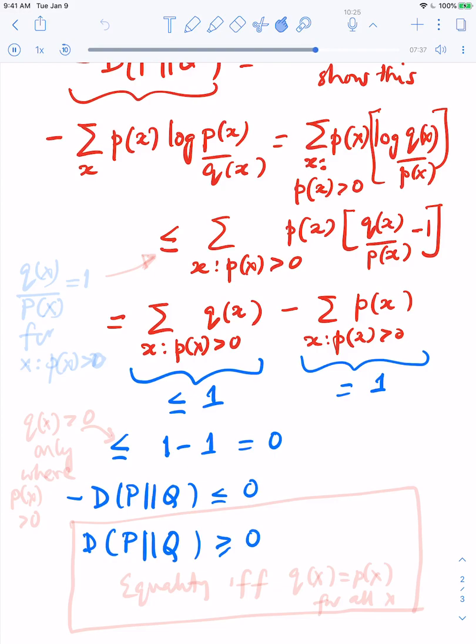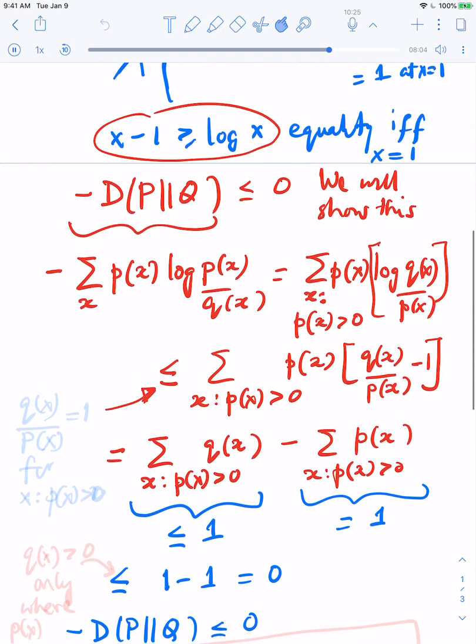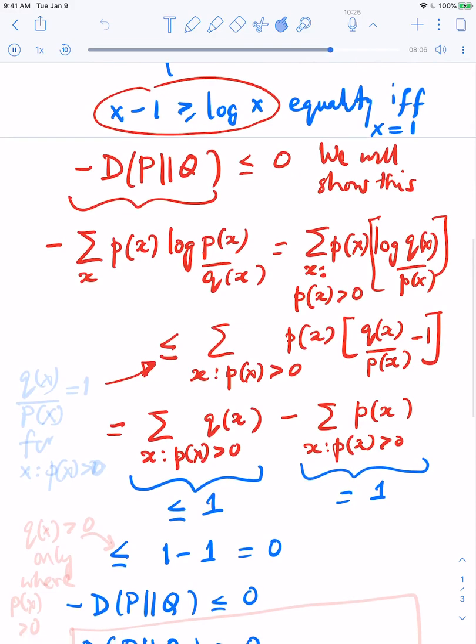So now let's knock off when we actually have equality in this inequality. We just have to go back in the chain of derivations and figure out that, in order to have equality in the final result, I have to have equality in all the places that were inequalities. So the first place was here, right? And here I was using the x minus 1 bigger than or equal to log x inequality, and that is an equality if and only if x is equal to 1, right?